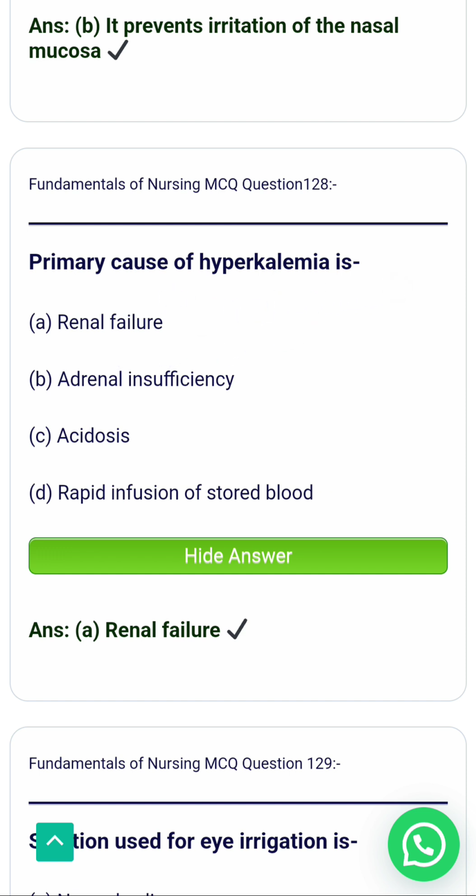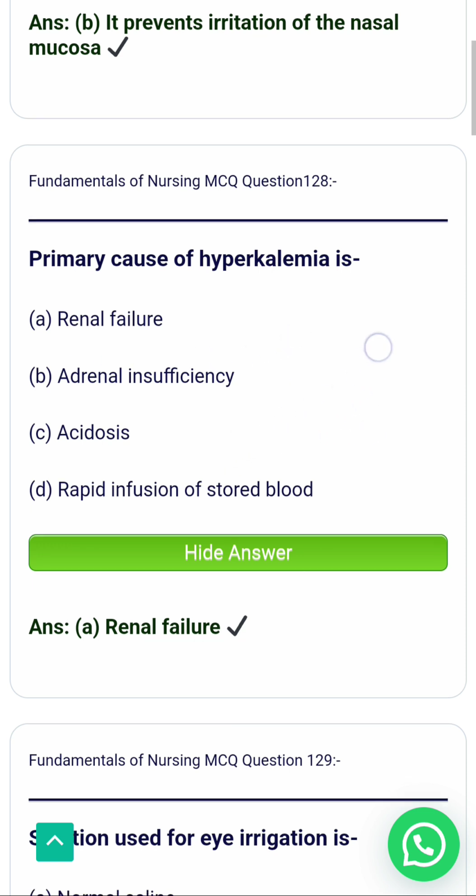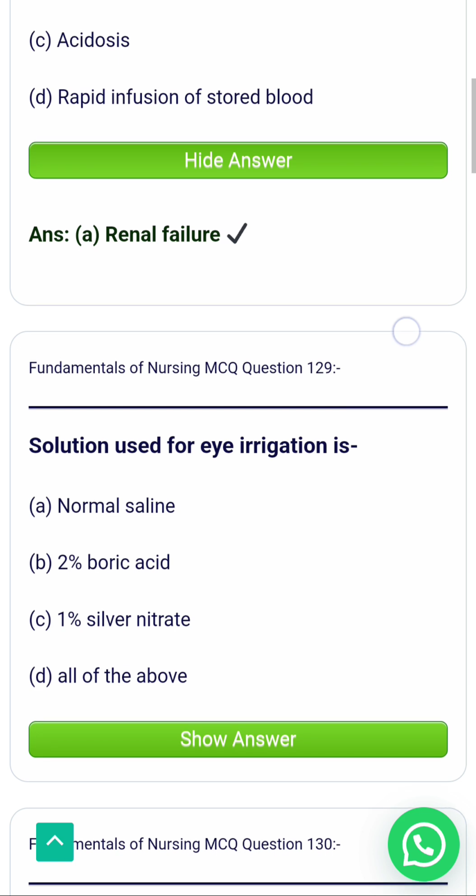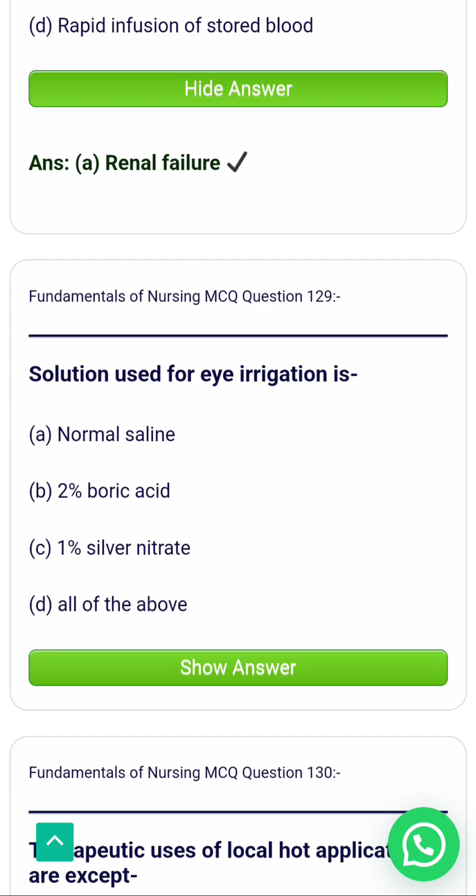All are causes of hyperkalemia, but the primary cause of hyperkalemia is renal failure.